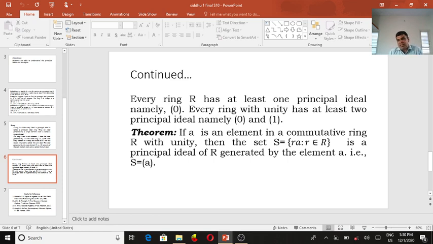Now, using the definition of principal ideal, I prove a simple theorem on principal ideals.